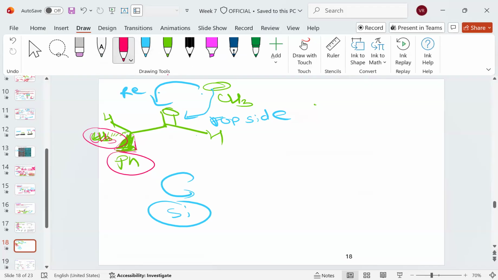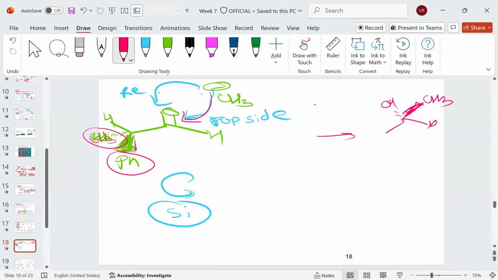So in this case, the attack takes place from the si face, and we are getting the product in which this methyl will be directing upward. Why?